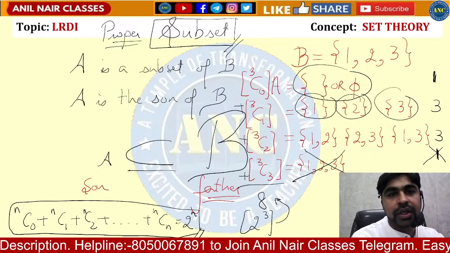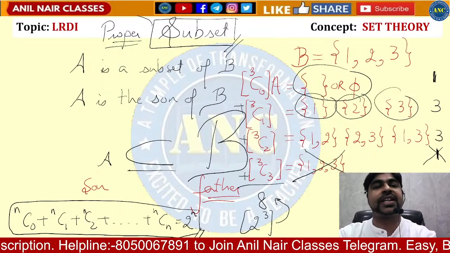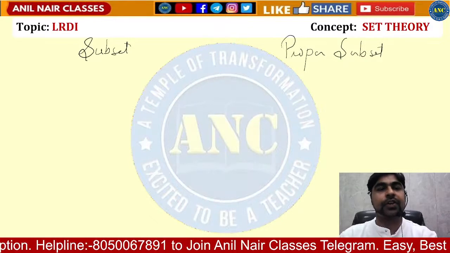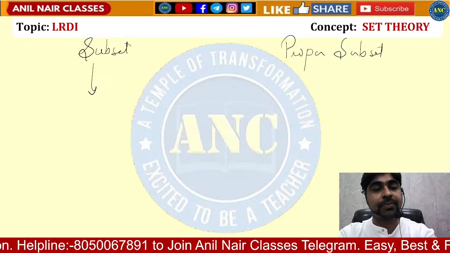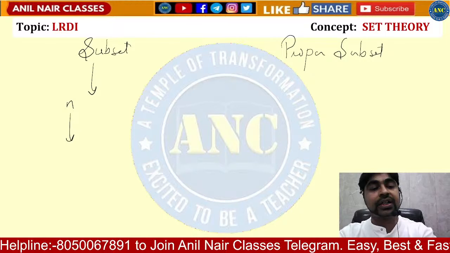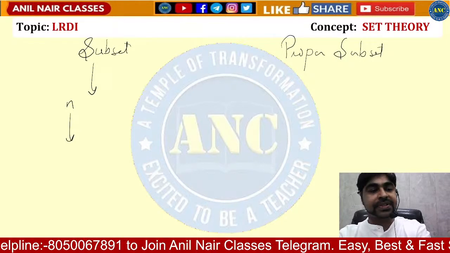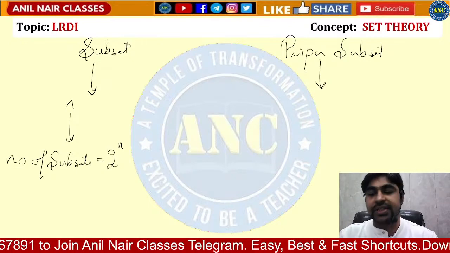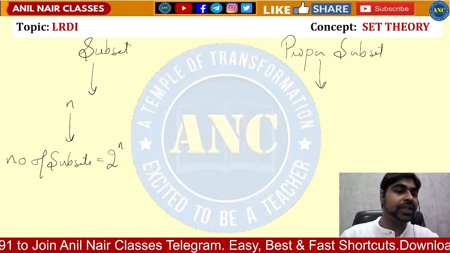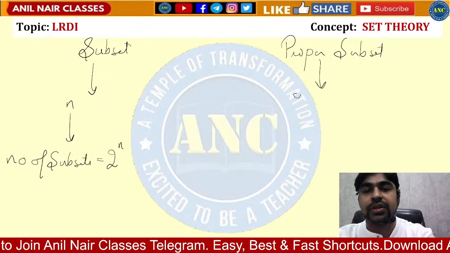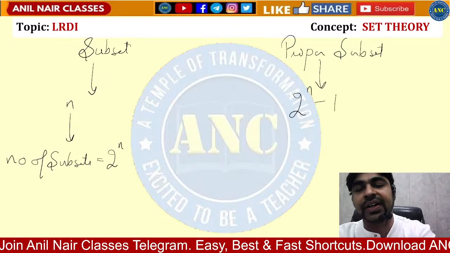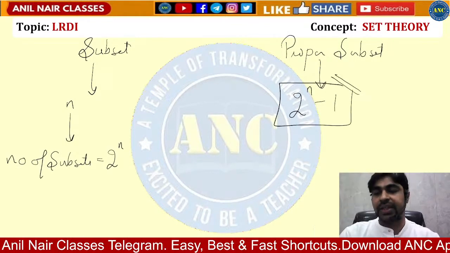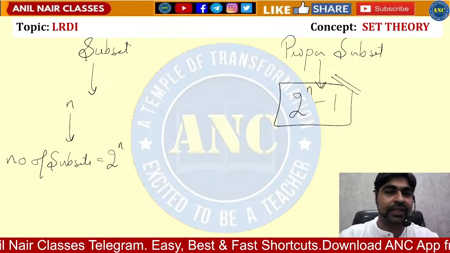So how many proper subsets would be there? If the number of elements were n, then the number of subsets were 2 to the power of n. Proper subset says A becoming equal to B is not allowed. So the only one set where A becomes equal to B was not supposed to be taken.